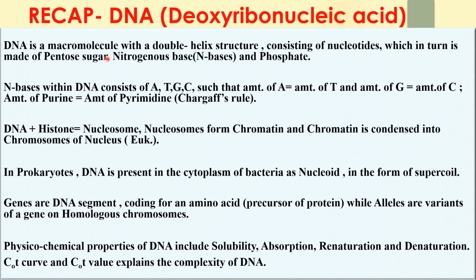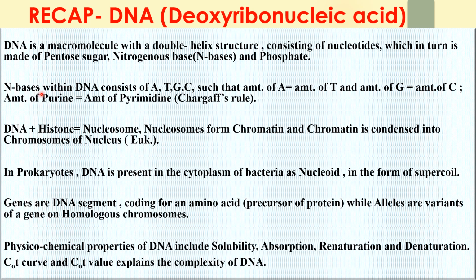And now a short recap about DNA, deoxyribonucleic acid. DNA is a macromolecule with a double helix structure, that is a twisted ladder, consisting of nucleotides, which in turn are made up of pentose sugar, nitrogenous bases and phosphates.